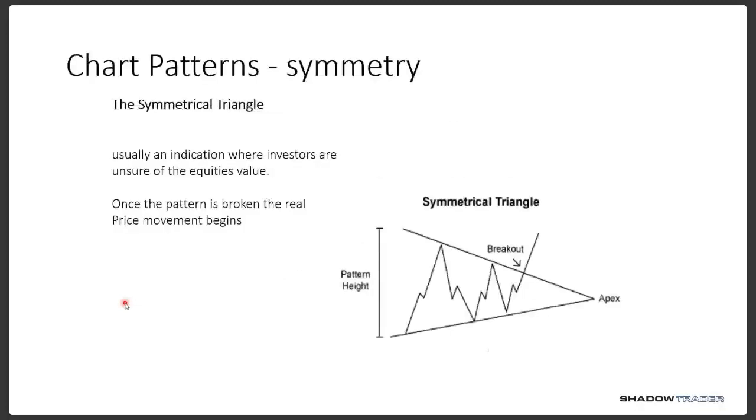All right, a symmetrical triangle. You've got a stock trading like we saw with Visa, to the top, to the bottom, to the top, to the bottom, to the top, and your uptrend and your downtrend are fairly equal in angle and in number of touches.